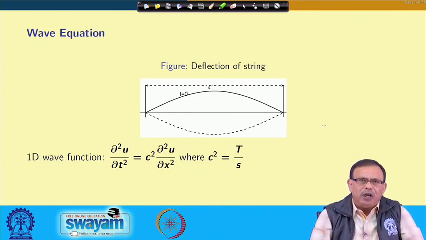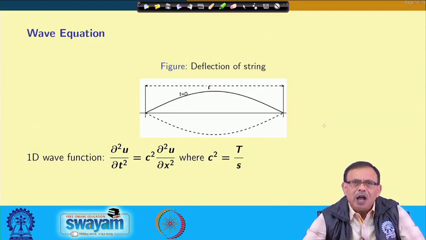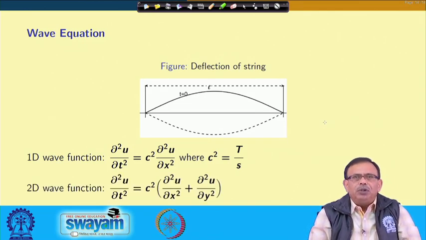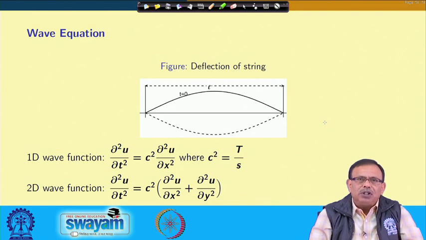This we call the one dimensional wave equation, and similarly del 2 u del t square equals c square into del 2 u del x square plus del 2 u del y square is the two dimensional wave equation.